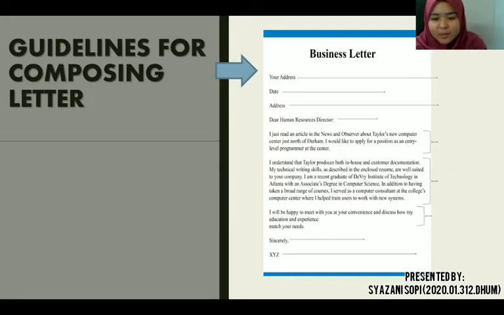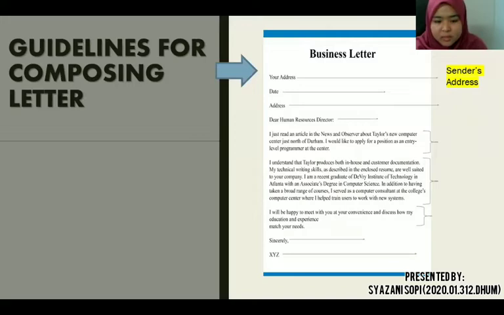This resource is organized in the order in which you should write a business letter, starting with the sender address. The letter is written on the letterhead. Next, the sender's address is usually included in the letterhead.